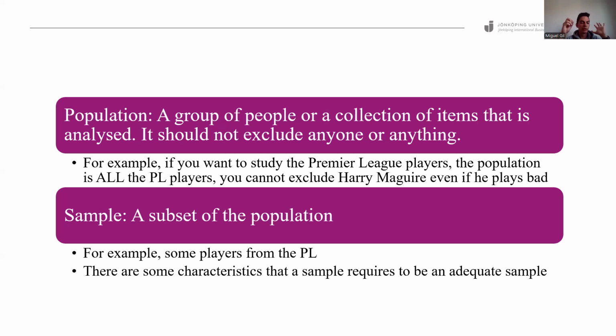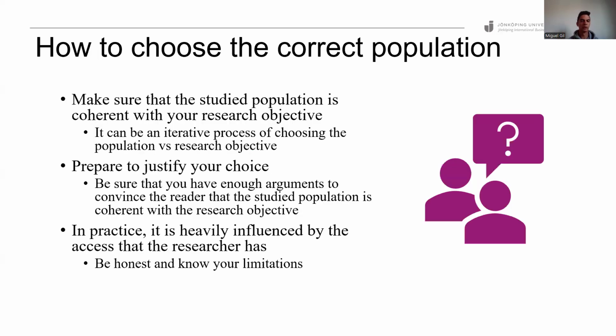So maybe in the sample, you need to make sure that you have a similar distribution of male and female, and a similar distribution of tenure, like how much experience they have. You cannot have only the young ones because then it doesn't fit sample and population. So be careful with that distinction.